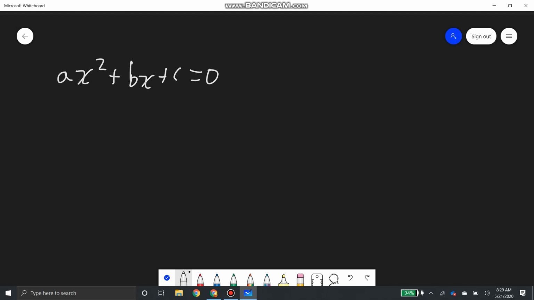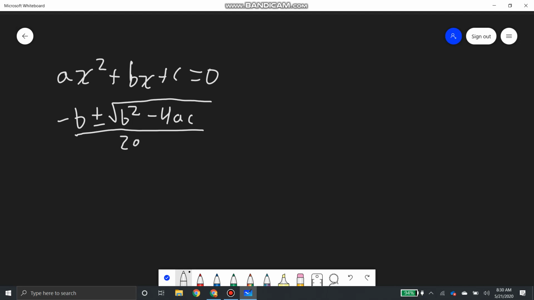And your setup is a very big one, and it's definitely hard to memorize, so I think we should show you how to write that. So it's negative b plus or minus radical b squared minus 4ac all over 2a.